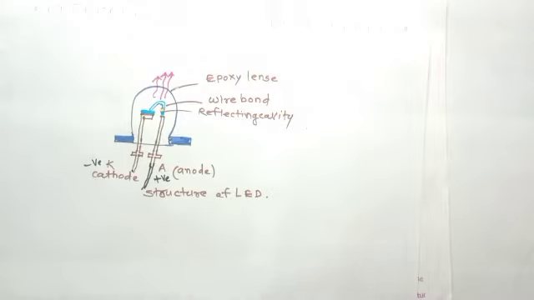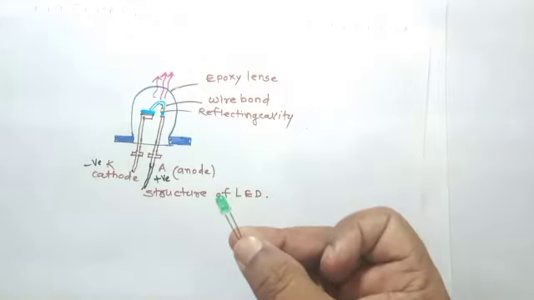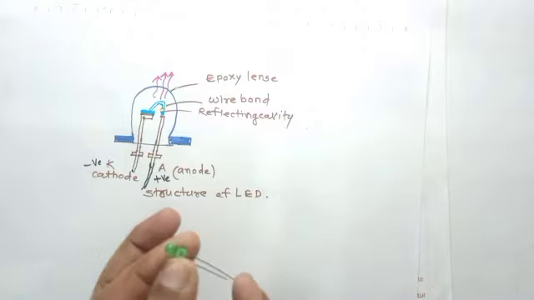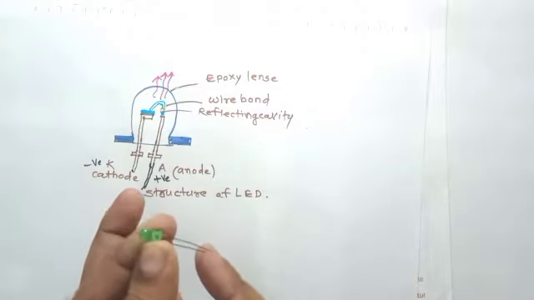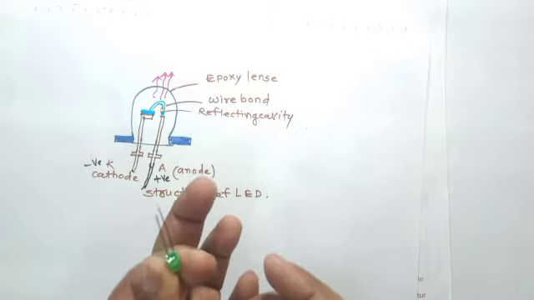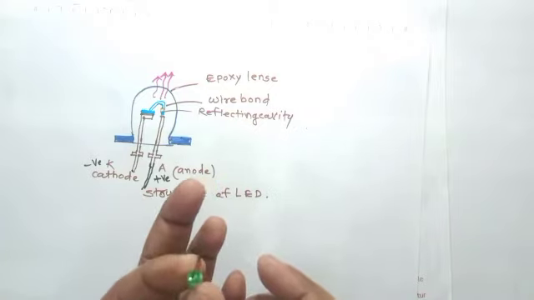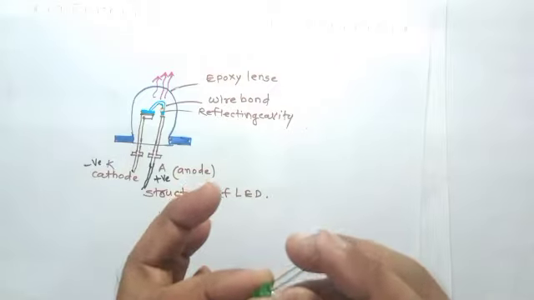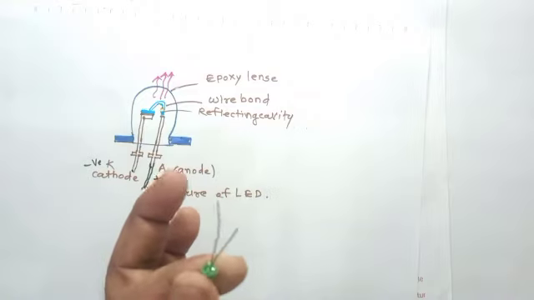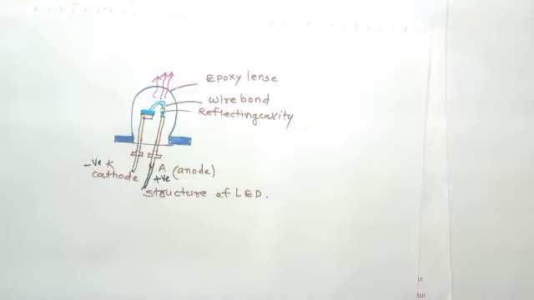Here longer and shorter, the two legs are seen. One leg has positive, whereas the other leg has negative.